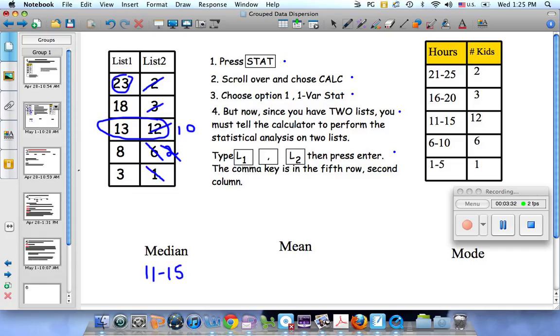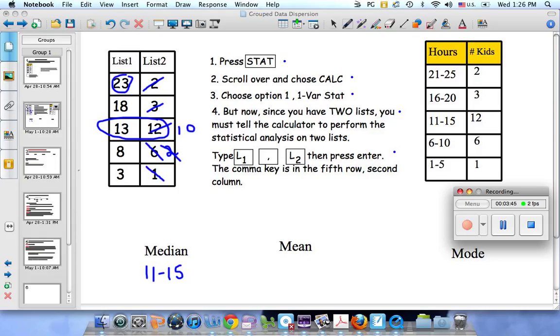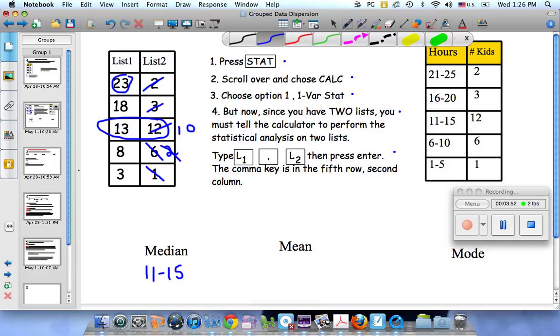My mean, well, I can get that off the calculator. Or I can just add it up and say, where's my average going to be? Okay, my average, when I look on the calculator, came out to be 12.7. 12.7 means it's in this interval right here, 11 to 15.